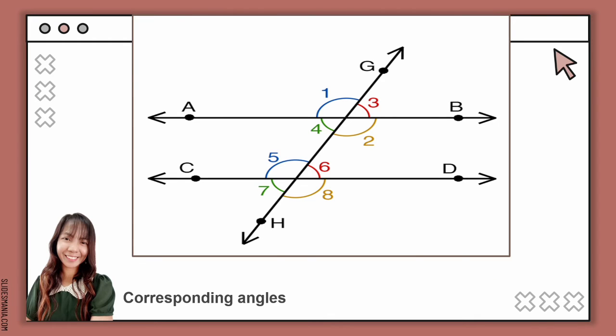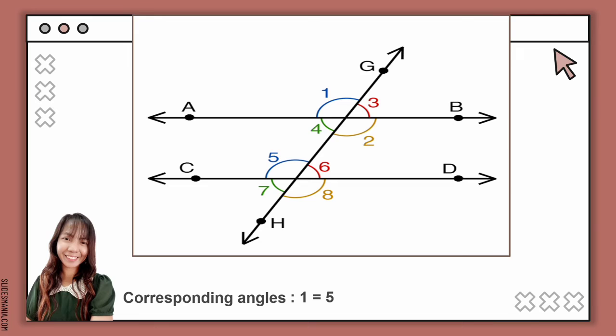So I'm just gonna recap the type of angles that we have discussed from the previous video, and this time I'll just put the measures. Corresponding angles, so they are angle 1 and angle 5.